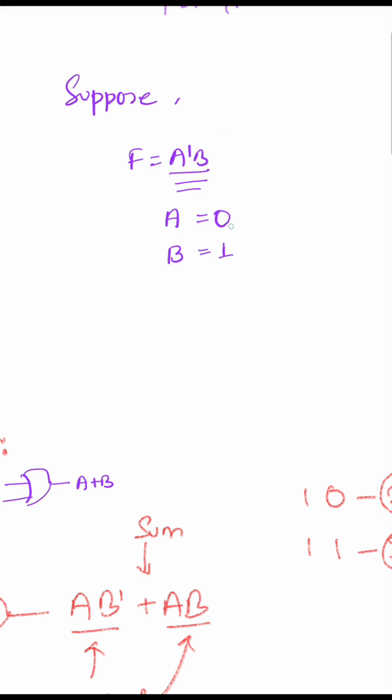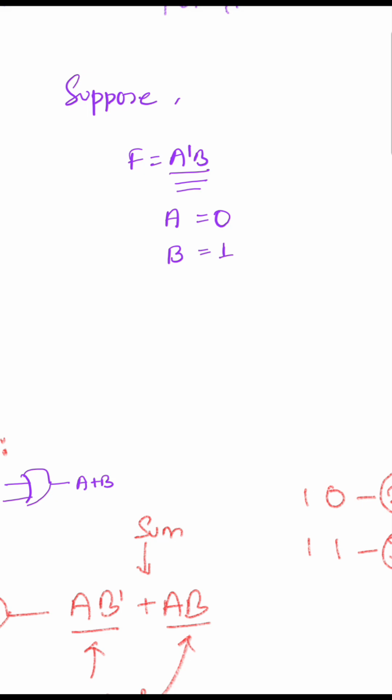Since there is a complement, the 0 is converted into 1 by that inverter, and the input to the gate would be 1 1, so that the output will become 1, and no other combination works. You can try any other combinations if you want.